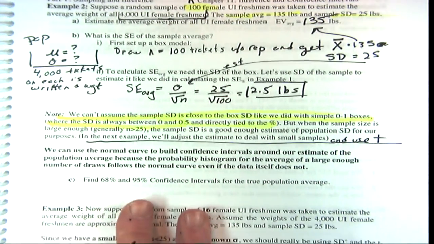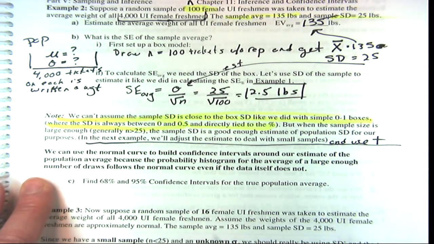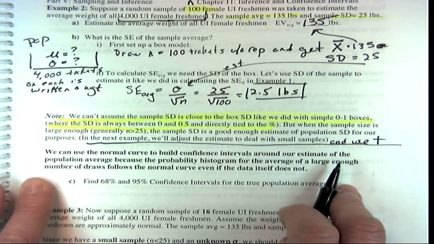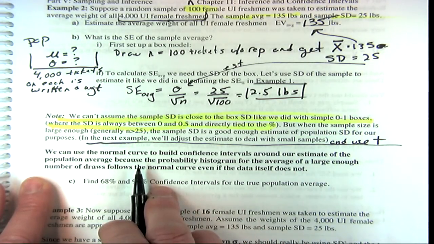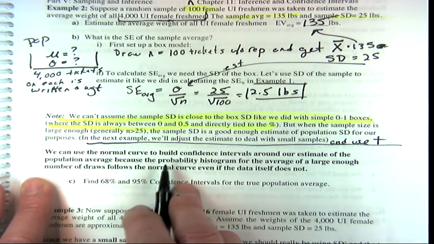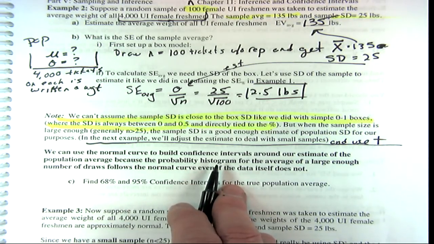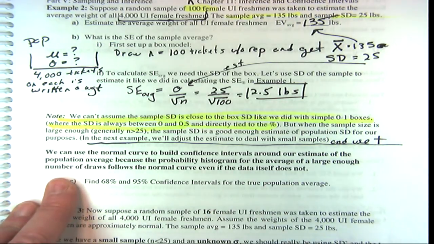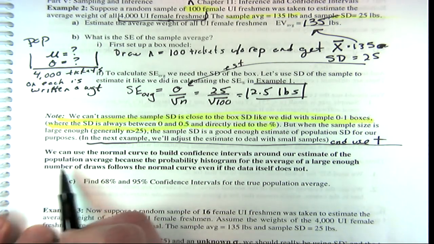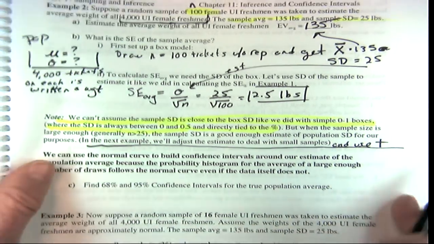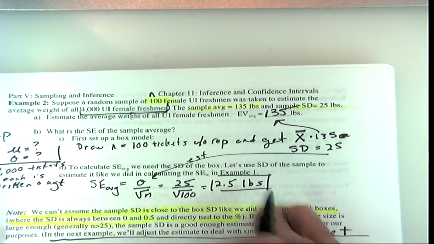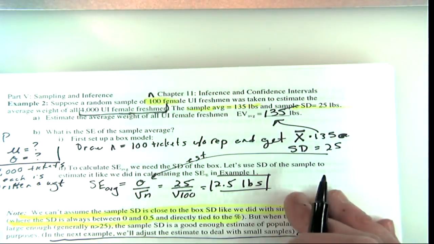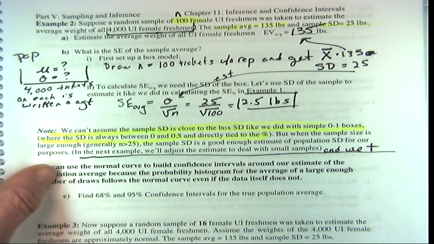All right. Now, we can still use the normal curve to build confidence intervals around our estimate of the population average. Why? Because the sampling distribution for X bar, our sample average, as long as we have a large enough number of draws, follows the normal curve, even if the data does not. So we don't have to make any assumptions here about the data following the normal curve if we have a large enough sample, okay?